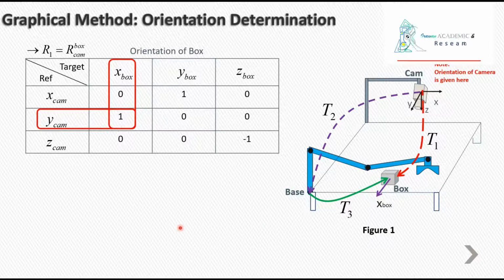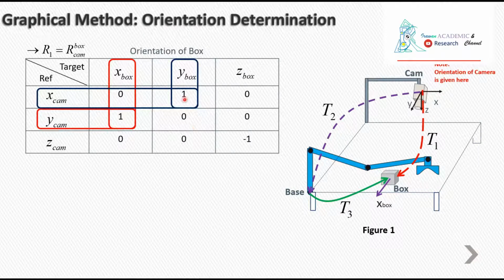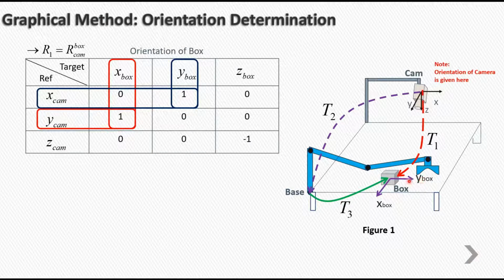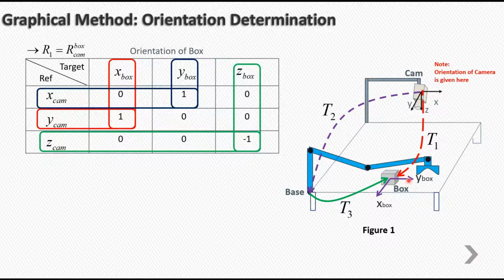The y box follows the positive of the x cam, so we draw the y box positive here. Lastly, z box and z cam have different poles, which means that the z box is upward.